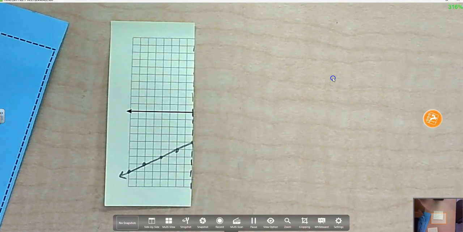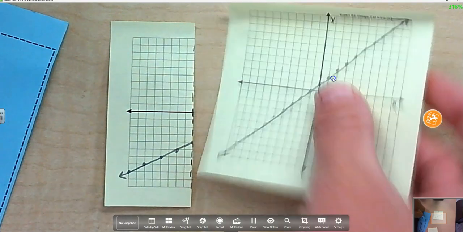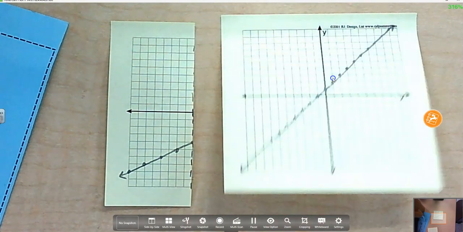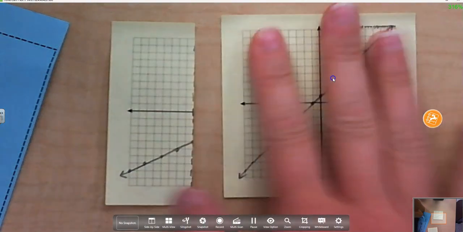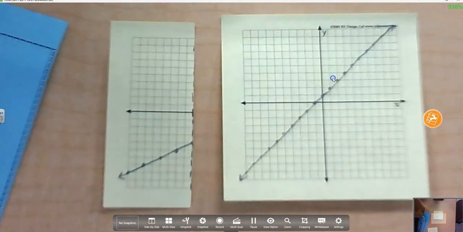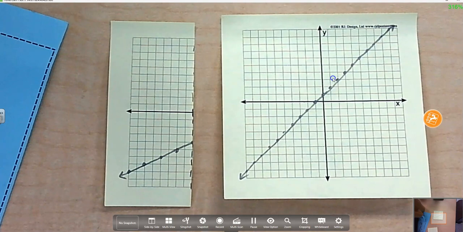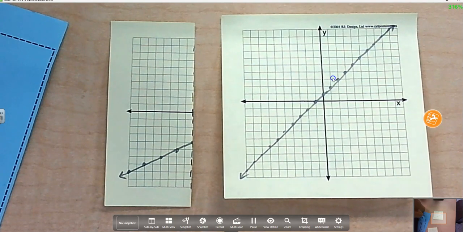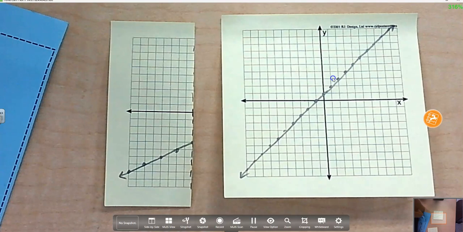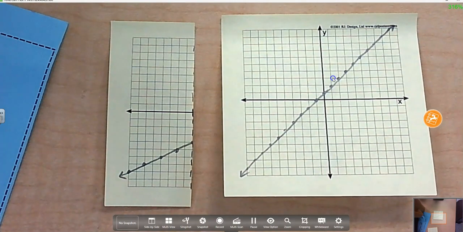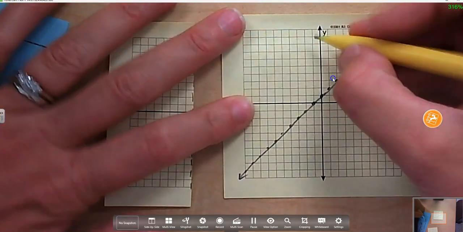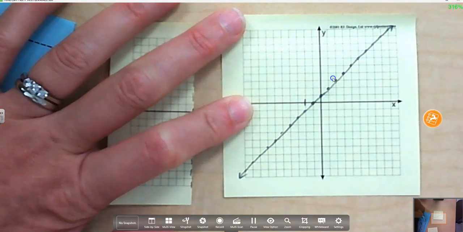Okay? Now, let's look at our other graph. Let's make sure we've got that. Sticky notes. Okay? This one we're supposed to use for x is greater than or equal to -2, right? So we again need to take right here at -2.